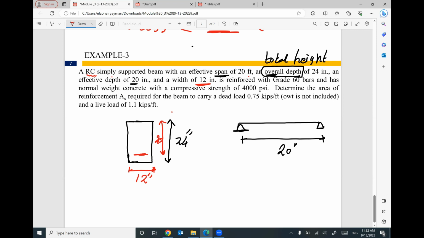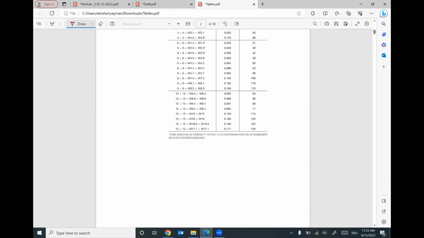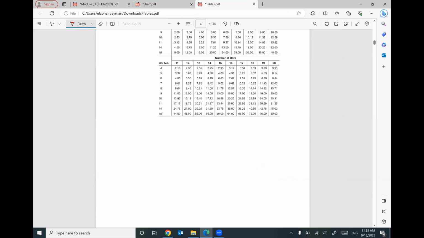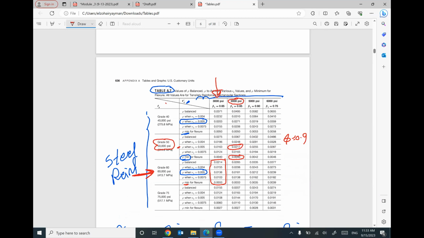We are going to use steel rebars grade 60. Steel rebar grade 60 means F yield equals 60,000 psi. If you open your table, in this table, not this one, yes, this one, for steel reinforcement grade 60, your F yield equals 60,000 psi.